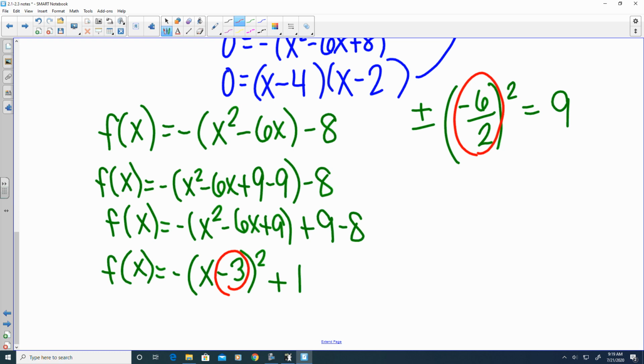So now that we have it in that standard form, we can figure out what the transformations were and what the vertex is. So we have a reflection over the x-axis, that's that negative, which means it opens down.